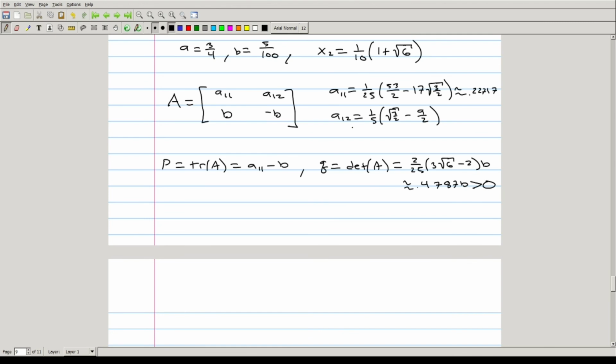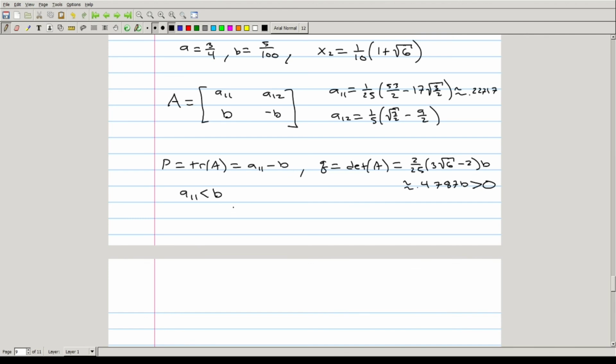And so the thing that really determines the stability of the system is B. Specifically, if A11 is less than B, this is going to be negative.